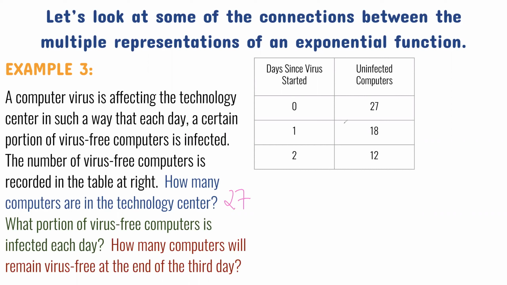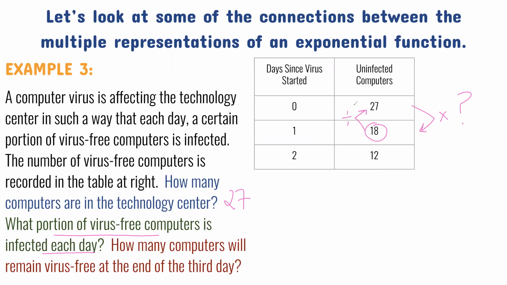What portion of virus-free computers is infected each day? That's asking kind of about a multiplier. It has to do with a multiplier. So now that you know from the previous problem, how can we figure out what the multiplier is? Well, you can take one of the terms, divide it by the one on top.